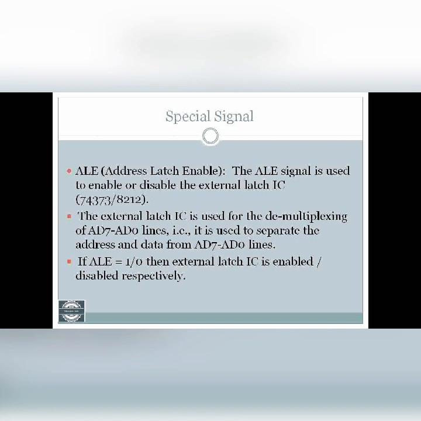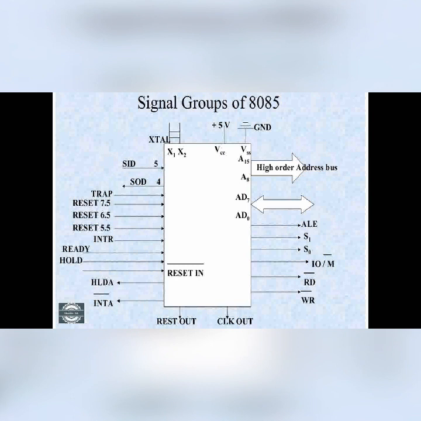Now here one thing you have to learn: for today's microprocessors, you will get different types. Now the signal groups are given here. Please follow the screen because by verbal lecture we can't explain it, where RST 7.5, RST 6.5, RST 5.5, INTR, INTA, READY, HOLD, HLDA, RD, WR, IO/M, S0, S1, ALE, and the address buses are separated here.